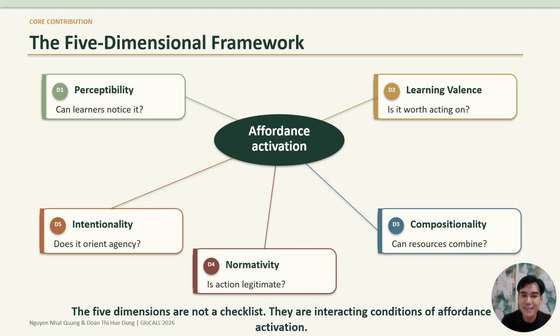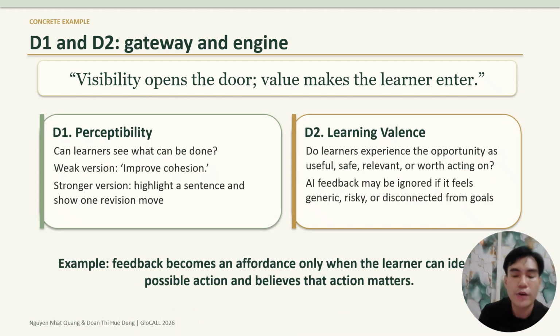Does the opportunity connect with learners' goals and plans? These 5 dimensions are not a checklist because they are interacting conditions of affordance activation that we have to pay attention to while teaching. Now, let us look at the first 2 dimensions very quickly.